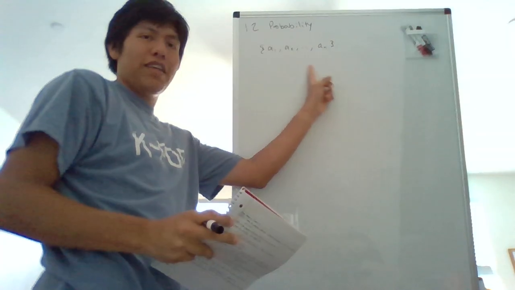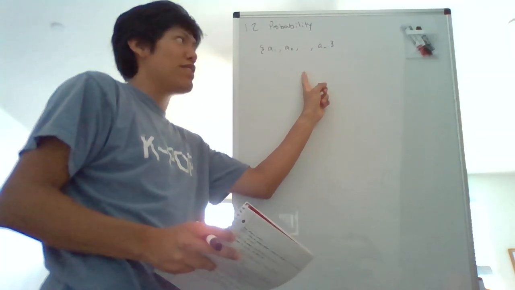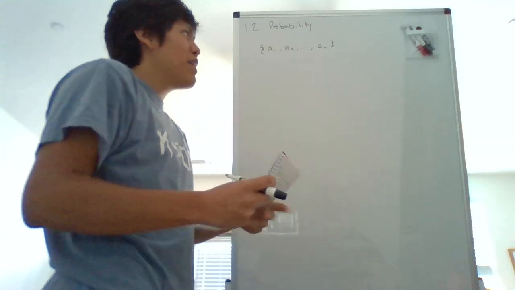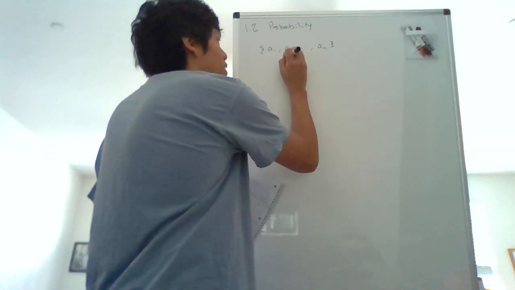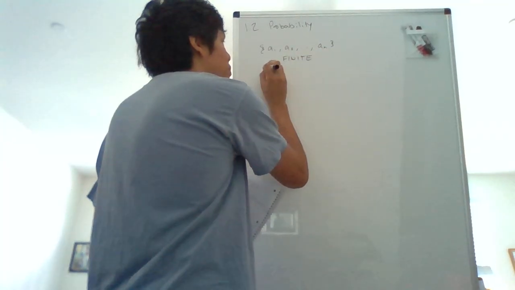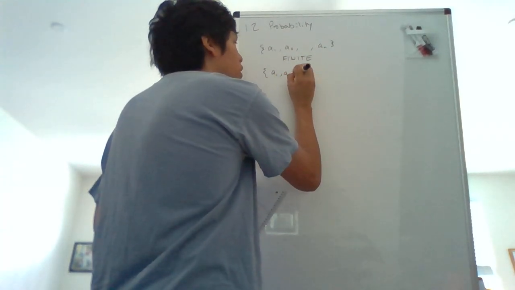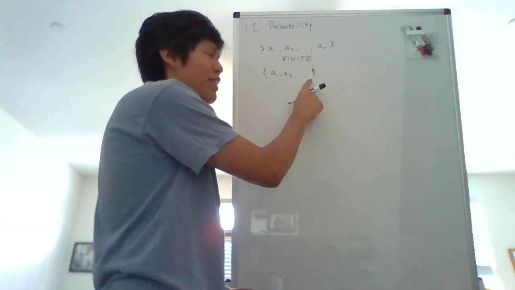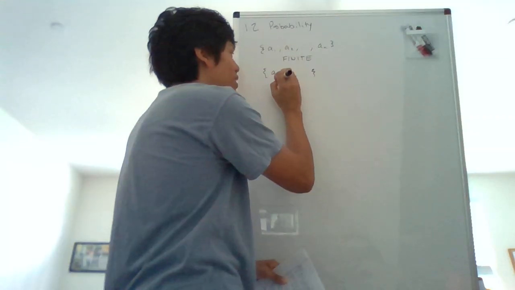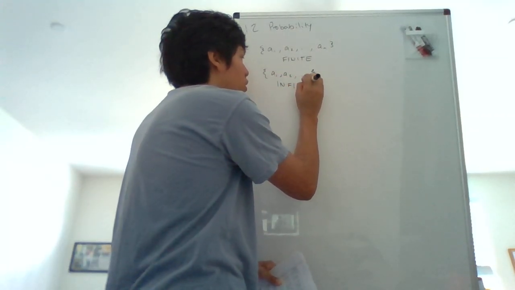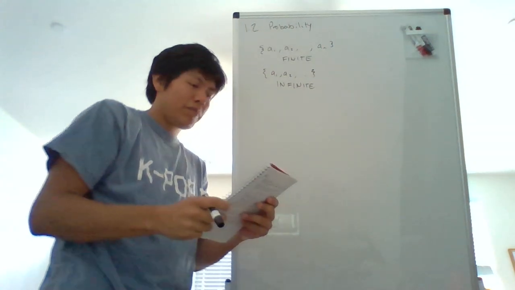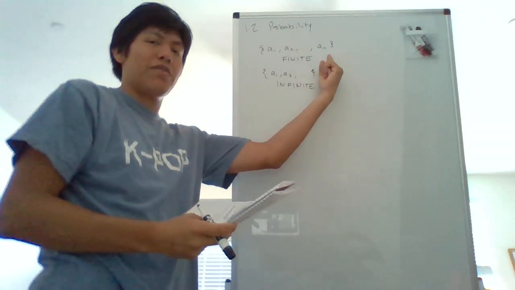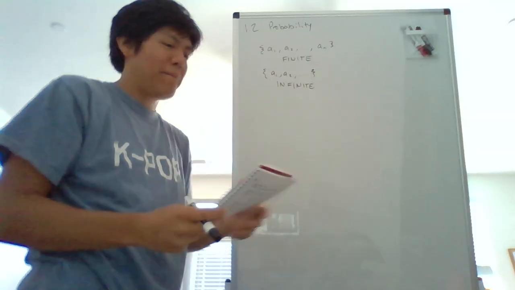This is finite, and that just means that you can count each individual point and reach a final sample point. But if it were infinite, then you'll notice I didn't put an A sub n, and that just means that this goes on forever. So this is a finite set, and this is an infinite set. And remember, finite is denoted by the A sub n at the end over here.